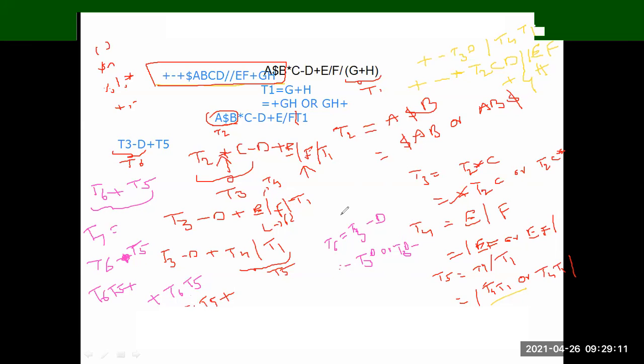In the same way you substitute and you get the solution for this problem. So far clear? Any doubts?